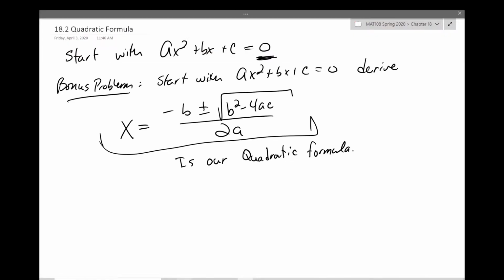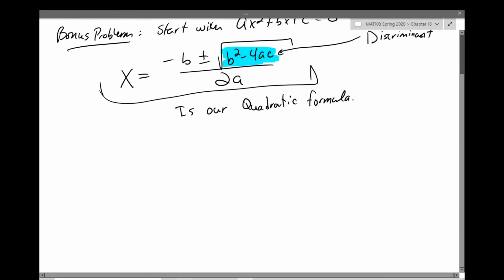Now, there are a lot of special things happening inside this quadratic formula. One of the most important is right here. I'm highlighting it in blue, and that is called the discriminant. Let me draw a little arrow, and that's called the discriminant. Now, why is that so important?